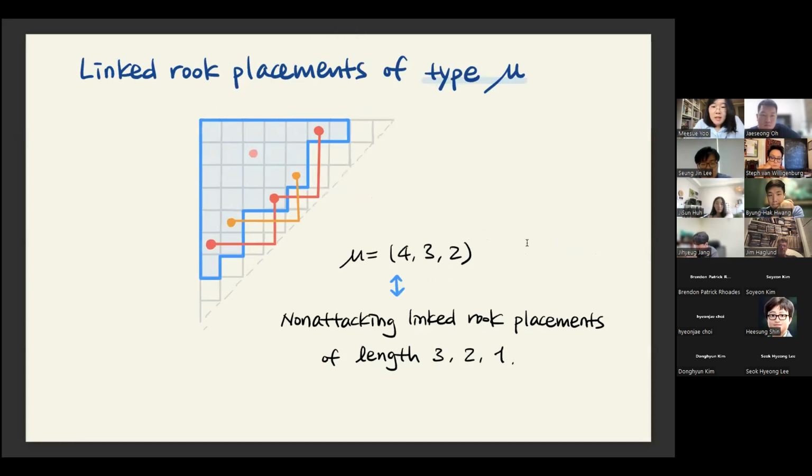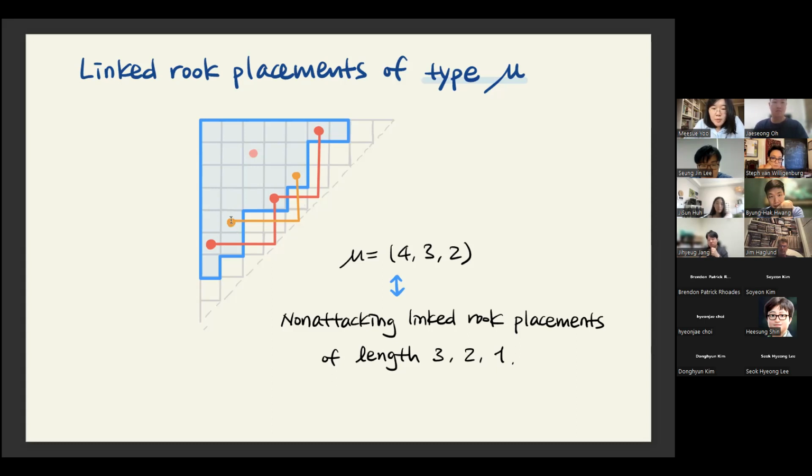Then we can define a linked rook placement of type mu, which means we place non-attacking linked rooks of length mu i minus 1. For example, when mu equals 4, 3, 2, then I place non-attacking linked rooks of length 3, 2, and 1.